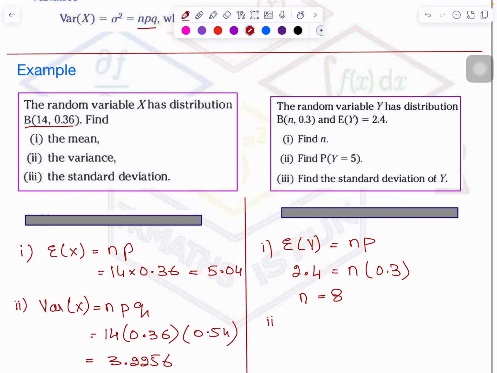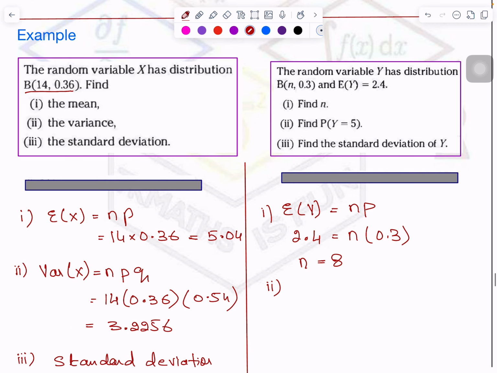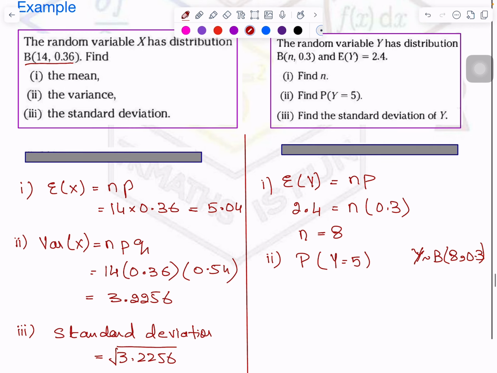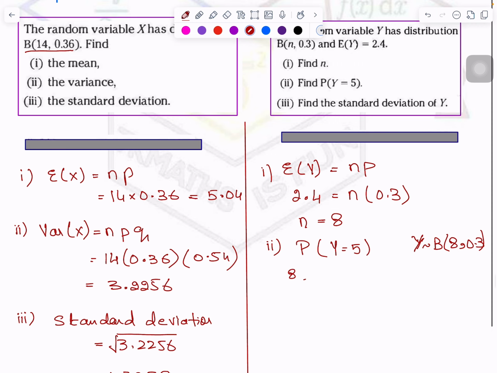After that, you have to find out the probability of Y is equal to 5. So now I think it is easy, because we know the distribution of Y. n is 8 and p is 0.3. So you can straight away apply the formula. One minus 0.3 is 0.7, 8 minus 5 is 3.